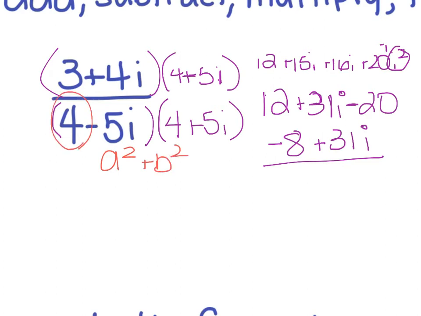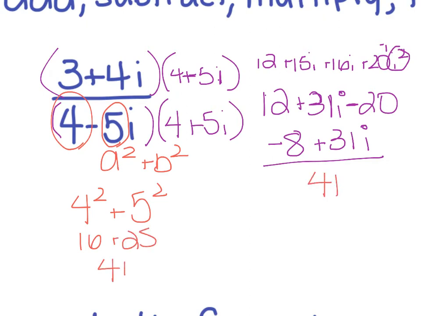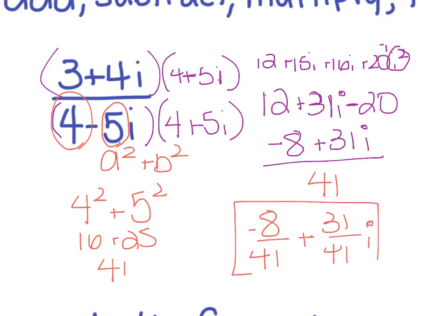So the a is the 4, the b is the 5. You take the number without the i, so it would be 5 squared, and you put a plus between them. 16 plus 25, which is 41. And then I want to split it, and if I can simplify it, I would. Neither of those can be simplified, so you can leave it the way it is.